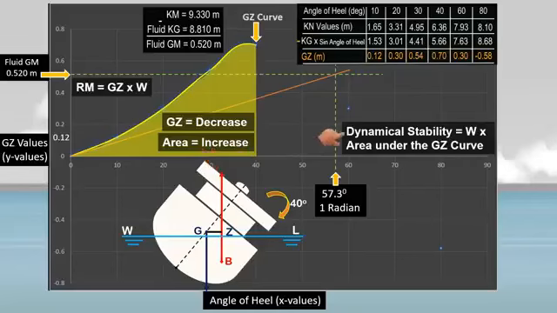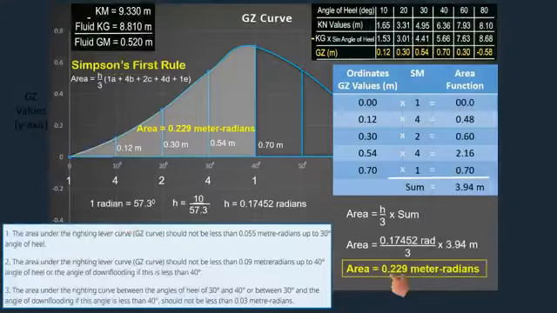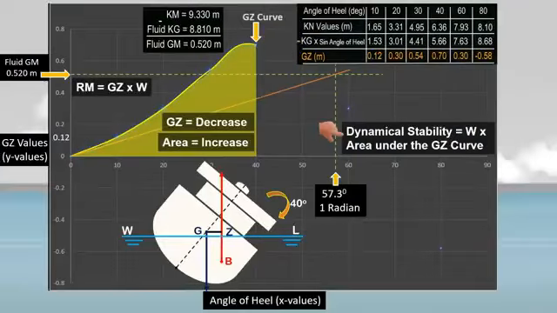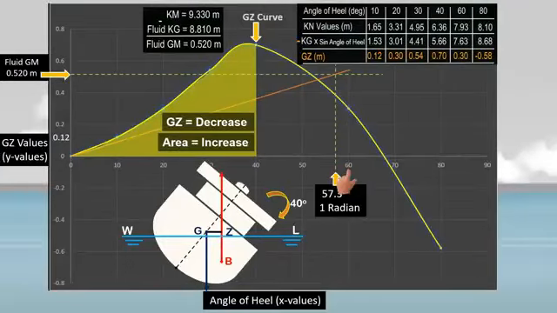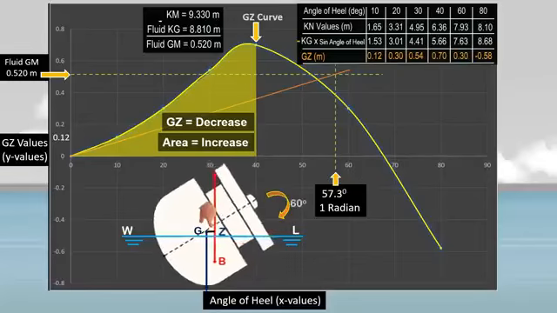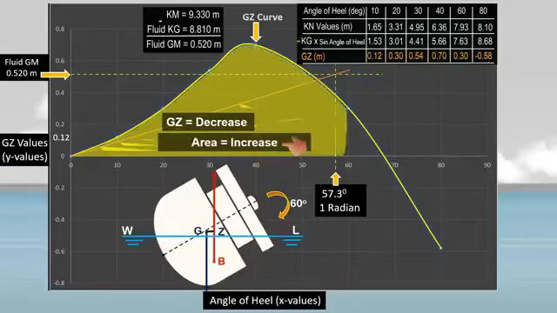If you want to calculate the dynamical stability, the area under the GZ curve up to 40 degrees angle of heel is 0.229 meter radians, using Simpson's first rule. Now, as the ship continues to heel at a 60-degree angle of heel, the righting lever continues to decrease, but the area under the GZ curve continues to increase.